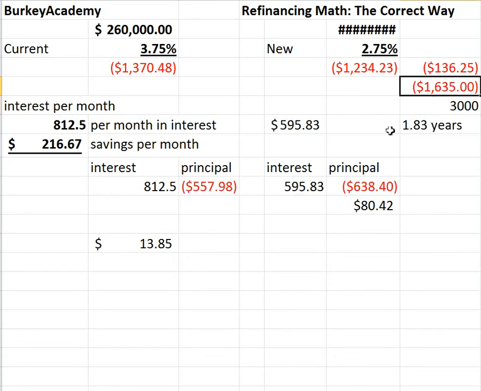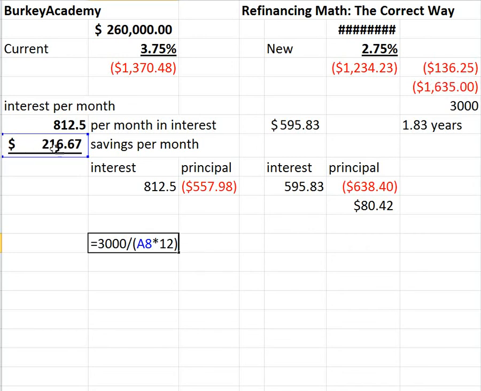This is in months, sorry. So, and again, it's not dollars, it should be months. It should be $3,000 divided by that times 12 if we're going to do the same computation we did before. Because remember, we multiplied this number by 12 to get the $1,600 in savings per year. We could do the same thing here.